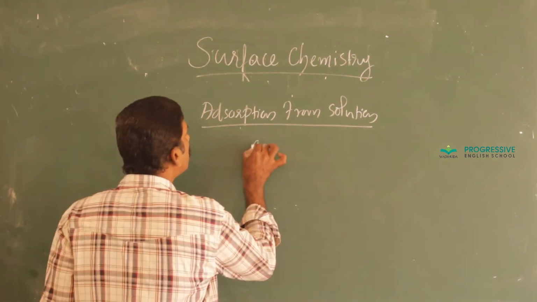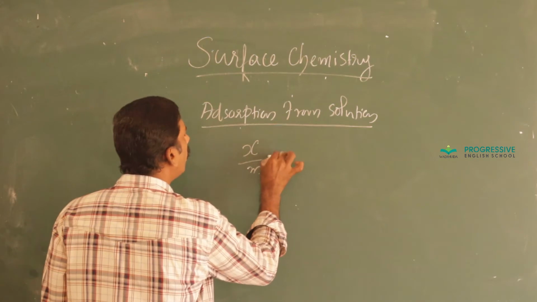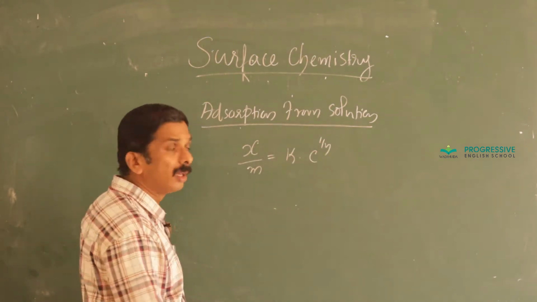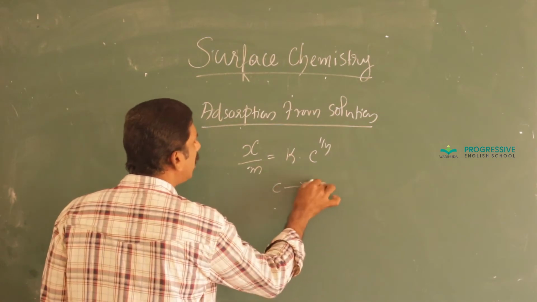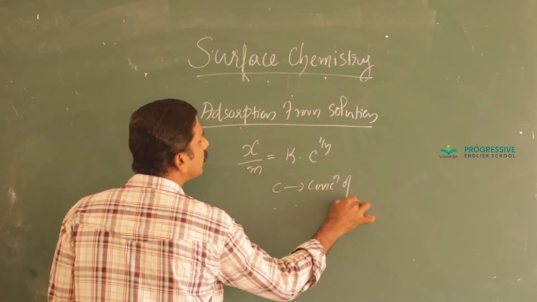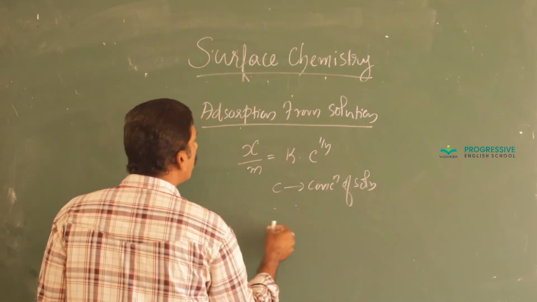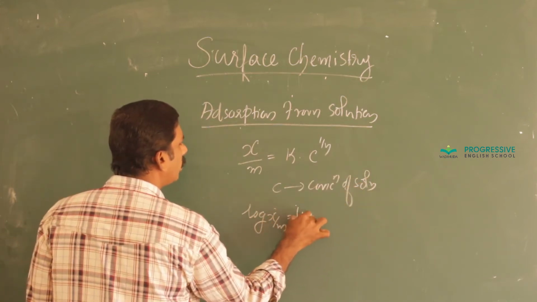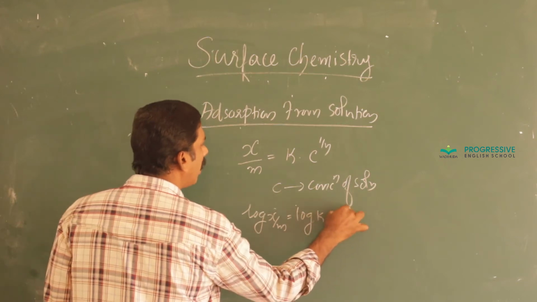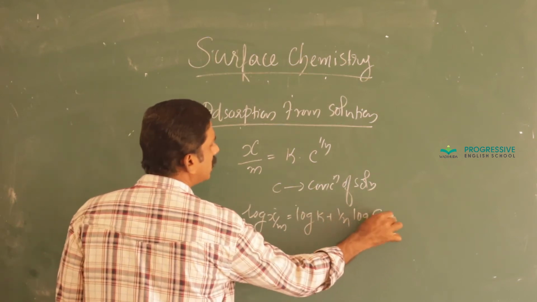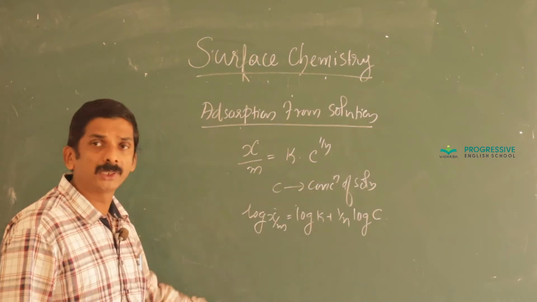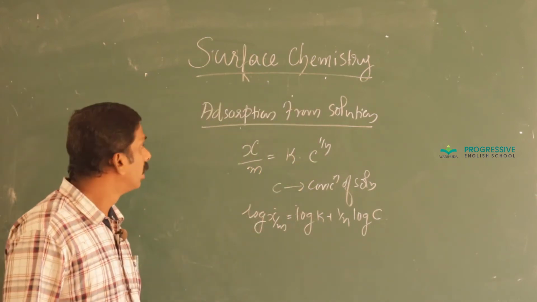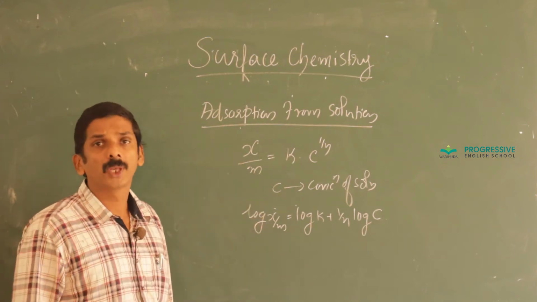Hence, for adsorption from solution, x by m equal to k into c raised to 1 by n, where c is the concentration of solution. That is, log x by m equal to log k plus 1 by n log c. That is, instead of pressure, the term applicable for solution is concentration, that is adsorption from solution.